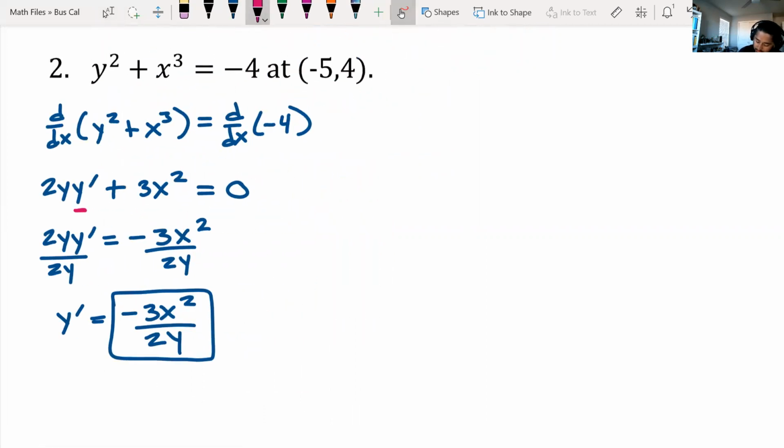All right. And now we evaluate it. And we're going to say y prime evaluated at the point negative 5, 4. And now this time, we actually have an x value and a y value we can plug in.